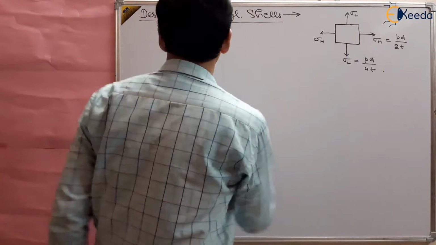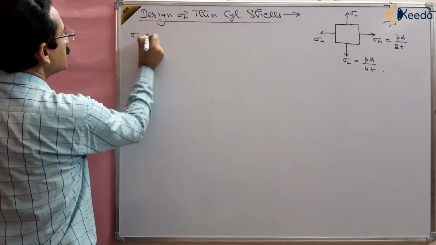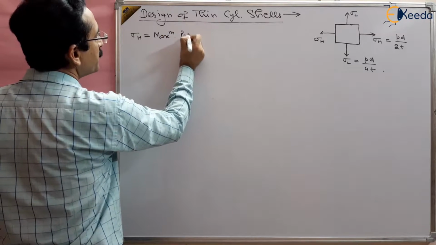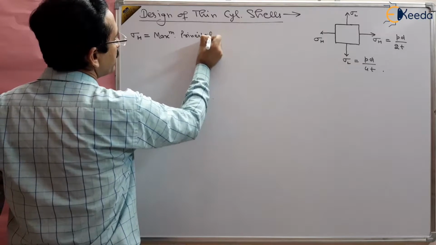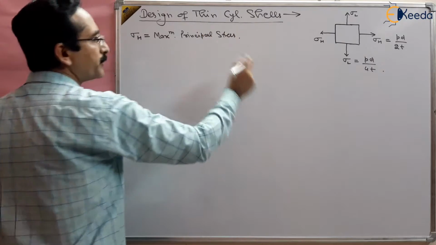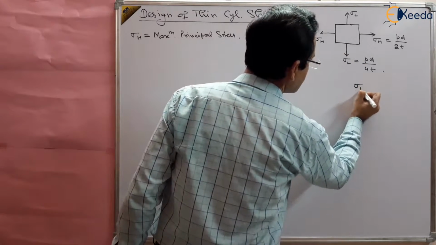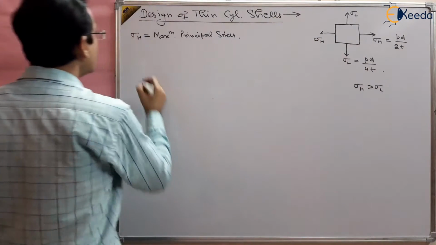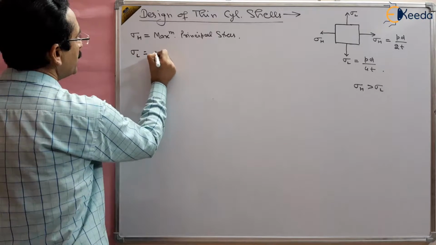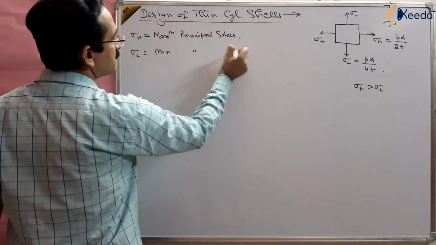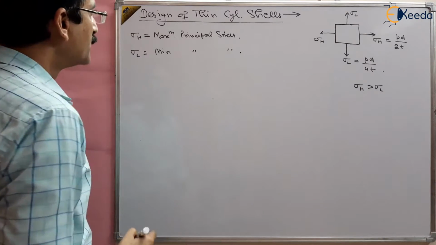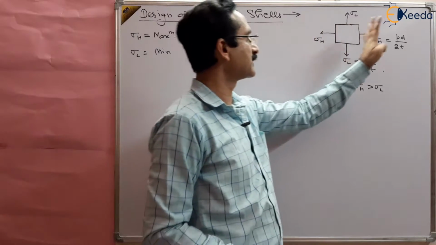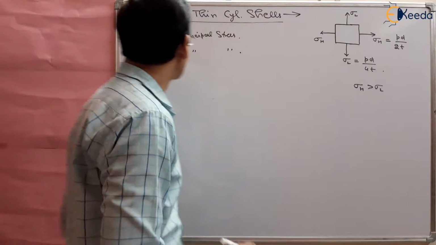So sigma h, which is hoop stress, is basically the maximum principal stress, because it has a higher value compared to sigma L. You know that sigma h is greater than sigma L. This is PD by 2T and this is PD by 4T. And sigma L is the minimum principal stress, right? So we need not find the principal stresses in this case. We already have them, that is sigma h and sigma L.